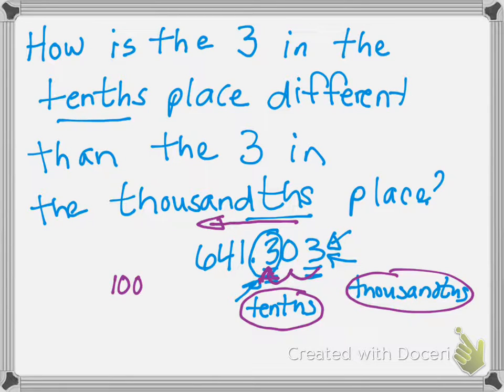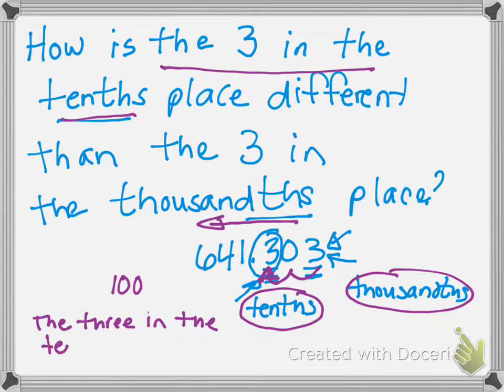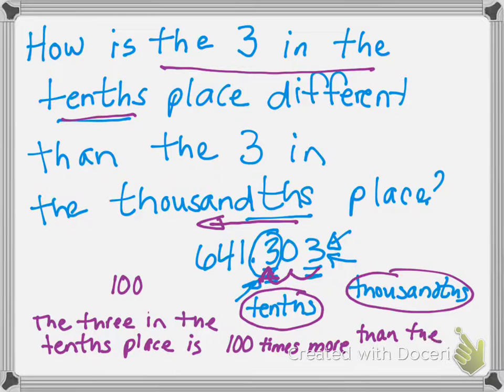So we would say, this is how we would word that. The 3 in the tenths place is 100 times more, because it's 2 steps over in the larger direction, in the more direction, than the 3 in the thousandths place.